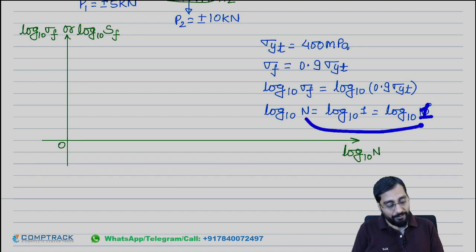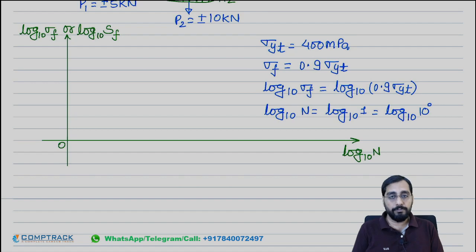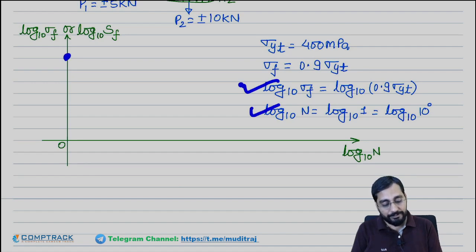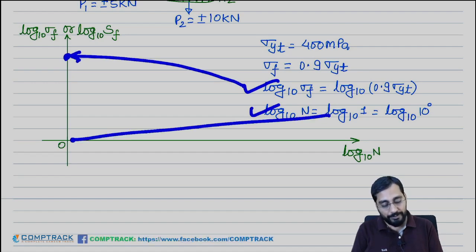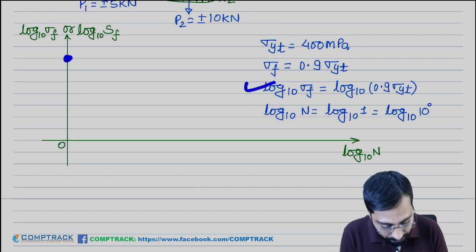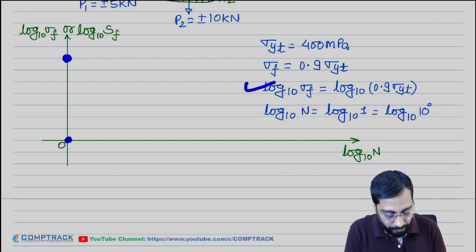So one cycle will be completed. So one cycle will be just nearby this, and this value will be here. So the graph will start from here. So at this stress, the number of cycles is only 1.